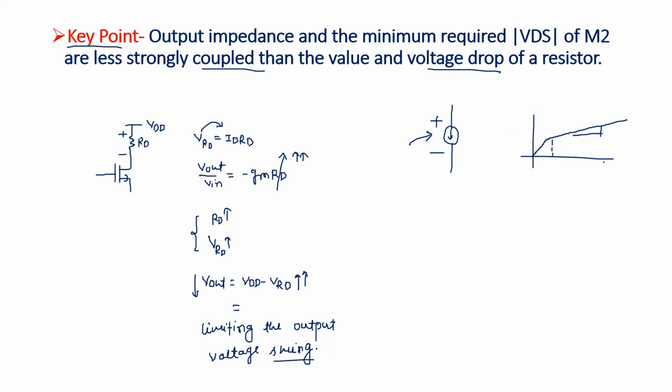Whatever voltage we apply, it will offer a constant impedance, so the voltage drop across it will not matter for your output voltage. There is no effect on your output swing. So the output voltage swing is not affected, and there is no problem in this.